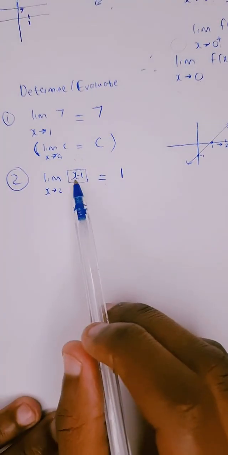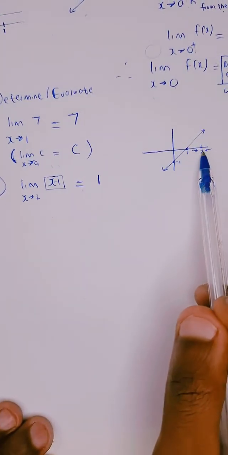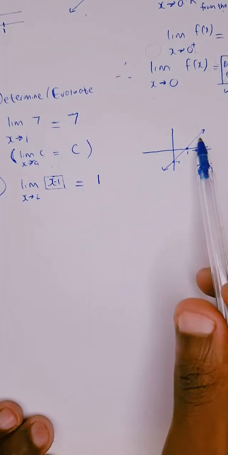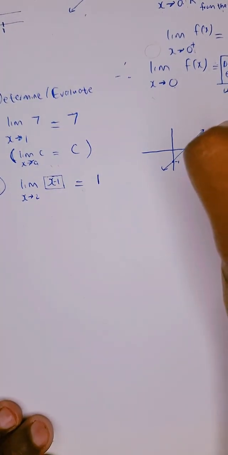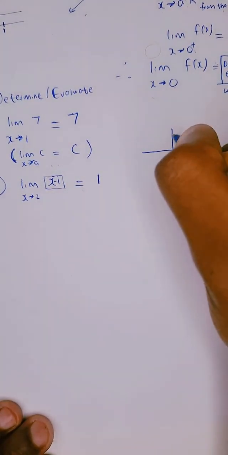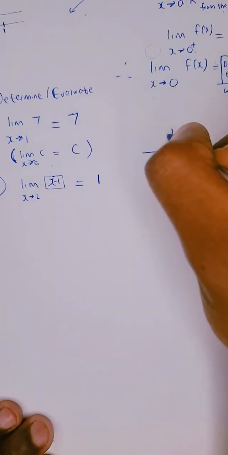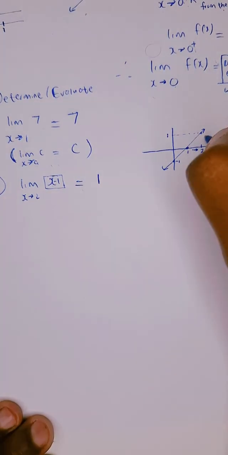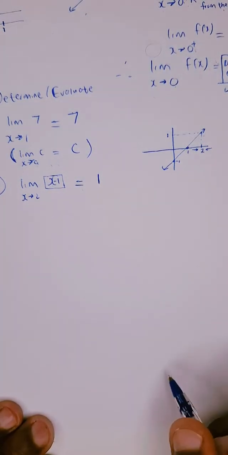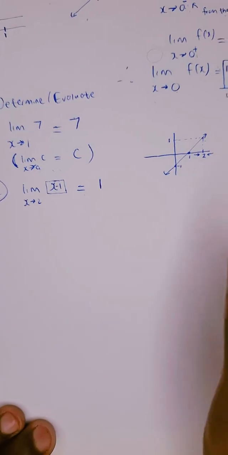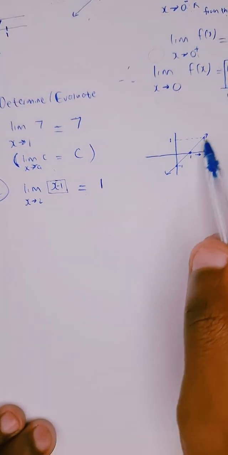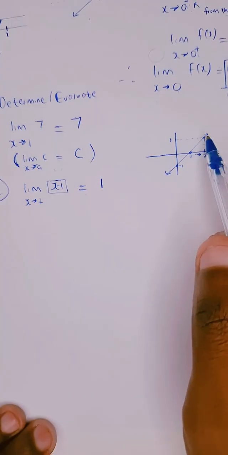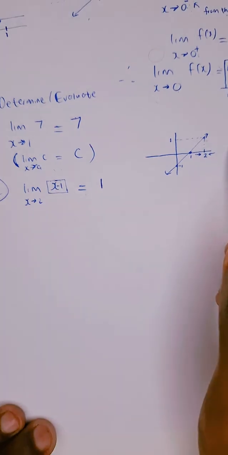In order to get the limit, wouldn't we take 2 and substitute it in the place of x so that we get the corresponding y value? Definitely, guys. If we take 2 and substitute it into the function, we should get the corresponding y value. It is actually a y value that exists.